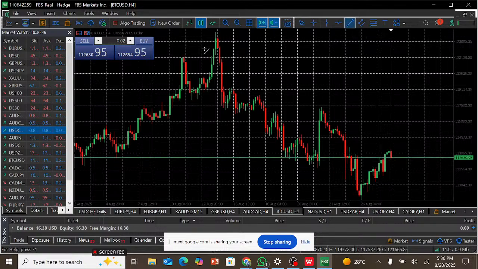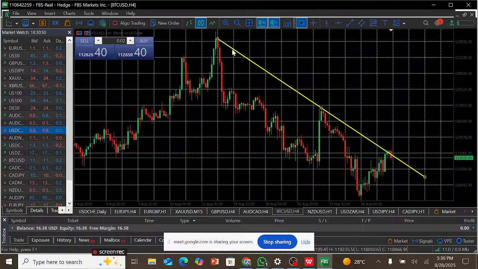Now I can put my trend line like this one. You see it? So the market dropped, it was dropping until it came back to retest that trend line.